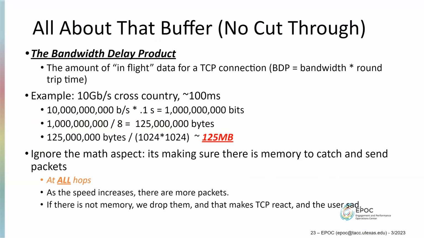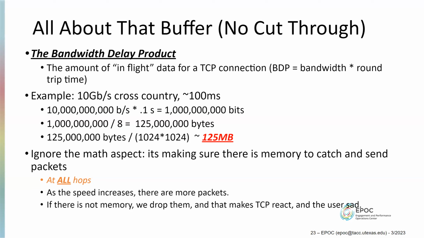And it scales exactly like you would think. If you're thinking about 100 gigabit, that number balloons up to 1,250 megabytes. So you need over a gigabyte of buffer to cope with potential congestion and packet loss. Because again, if it can't buffer those packets over long distances like that, it's going to start dropping them and your performance is going to suffer.